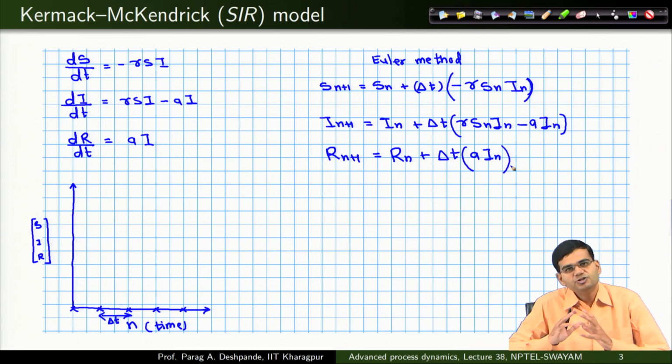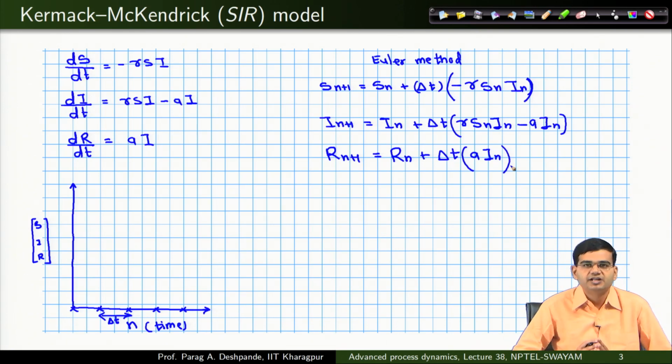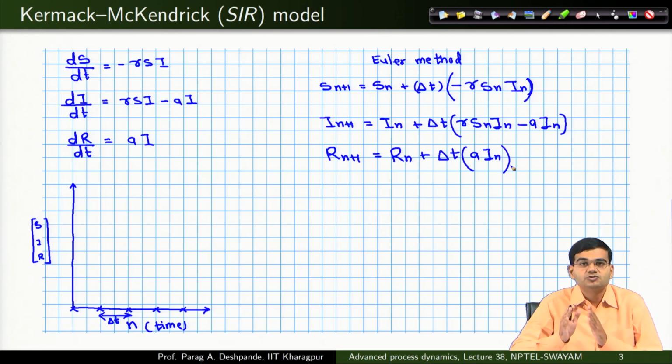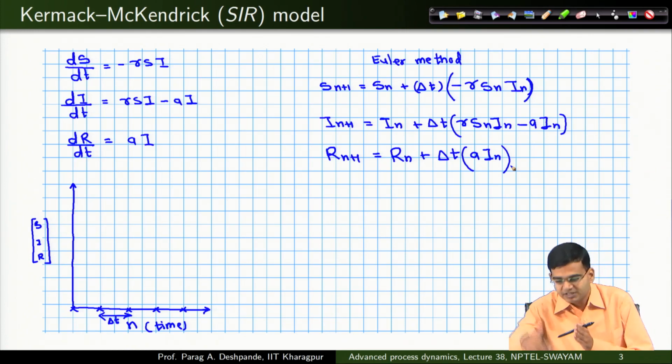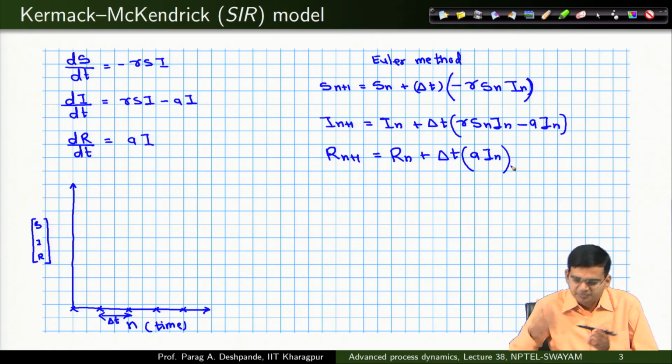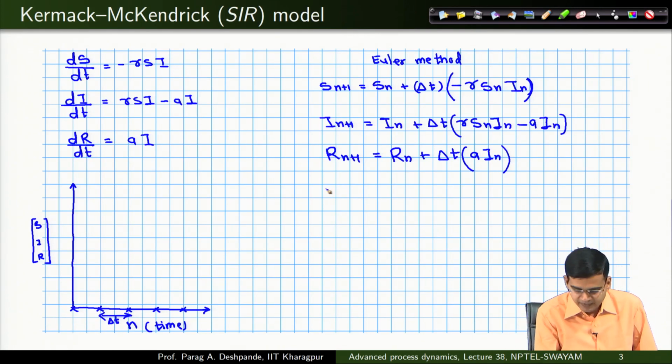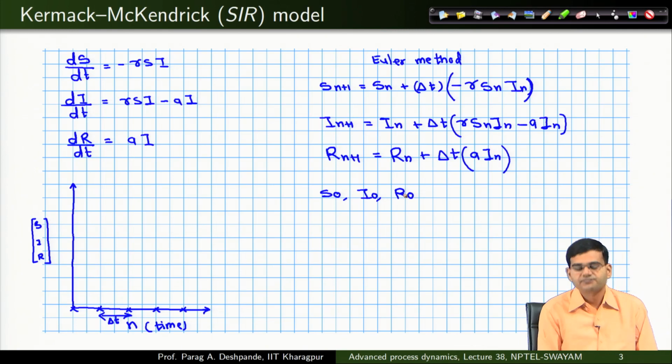This method will give you the evolution of the system in time, but how would you start? Evolution means if you know the value at a given instant of time, a discretized time like this, the method to go to the next step is in front of you, but how will you determine the first step? First step is very simple. You know S 0, you know I 0, you know R 0, right.